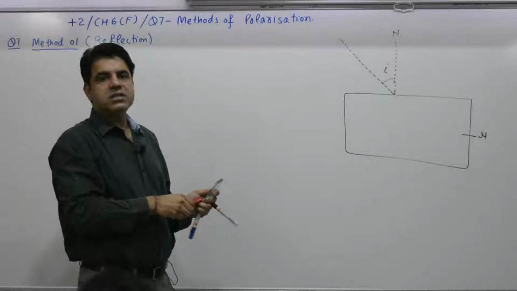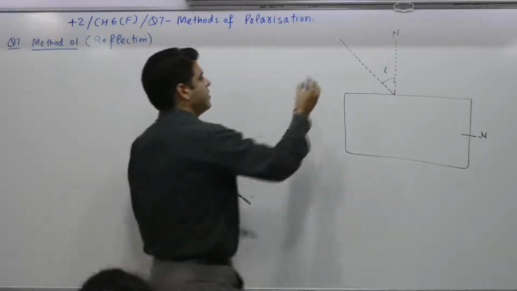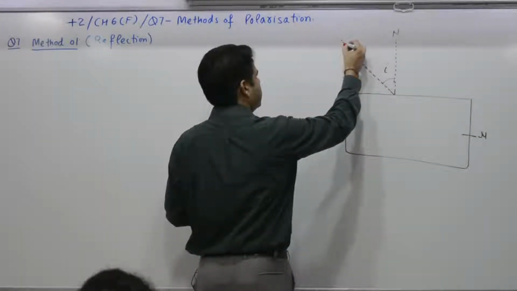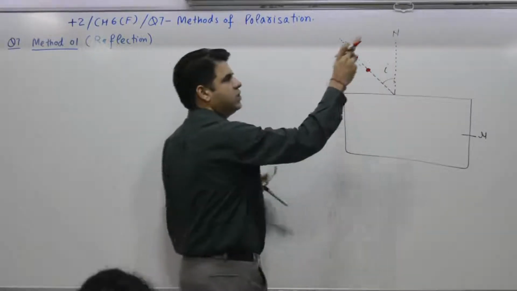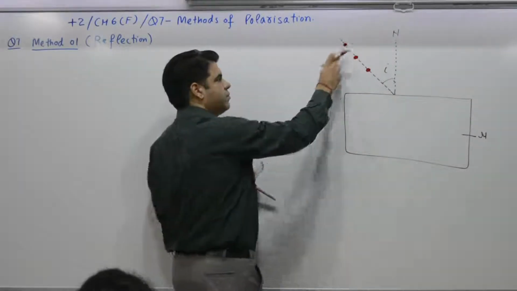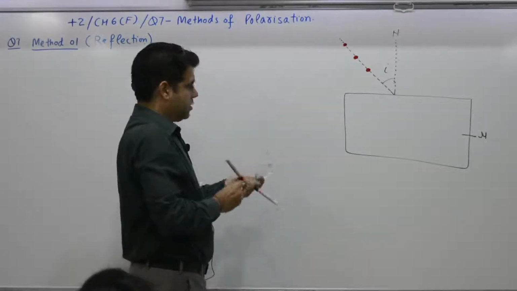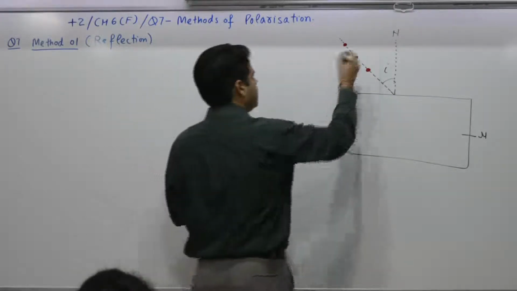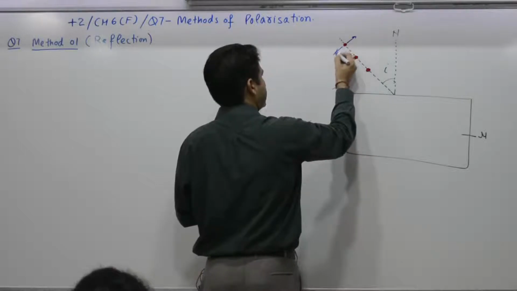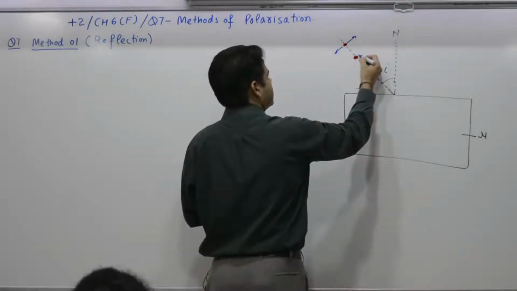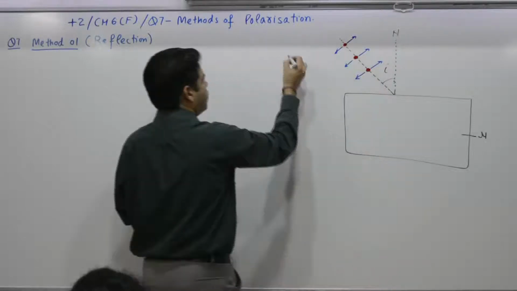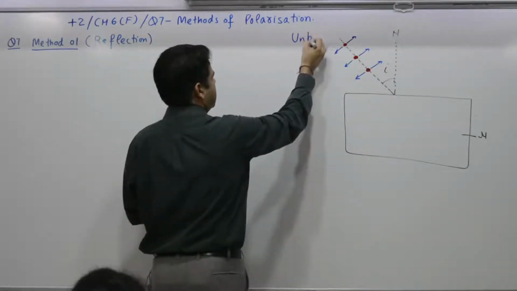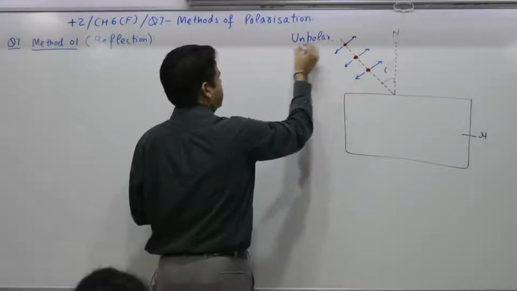This ray is unpolarized light. How do you represent unpolarized light? This part, in red color, shows oscillations towards the reader, and this blue color represents oscillation along this. So this is a method to represent unpolarized light.